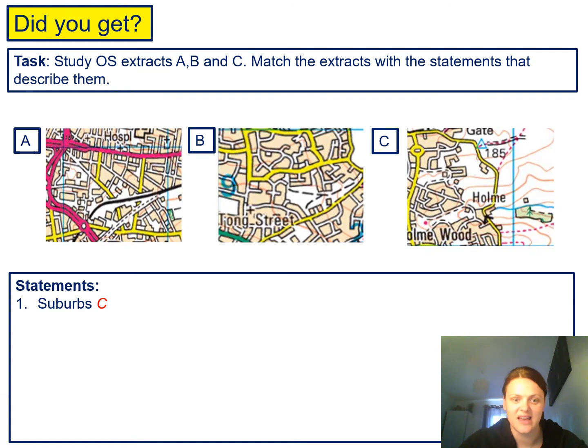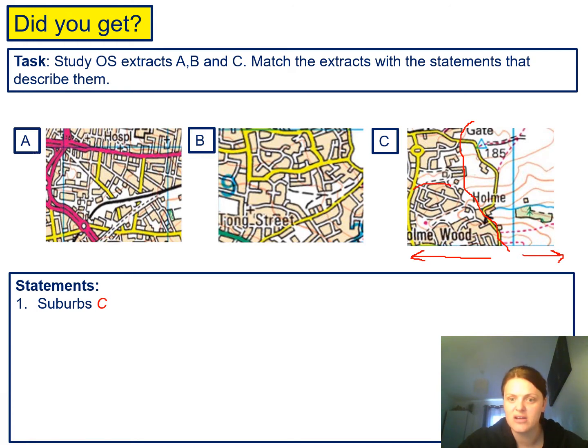Okay, exciting. So yeah, map C here is the suburbs. How do we know that? Well, you can see here, look, this line that goes through here is like the boundary between the urban area here and then the countryside here, this open space. So where you can see on an OS map there's lots of white and just the contour lines, that is just open space or farmland.